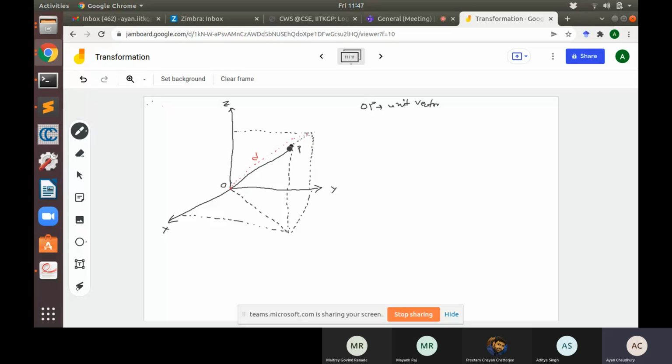So OP is basically the axis along which we have to rotate.